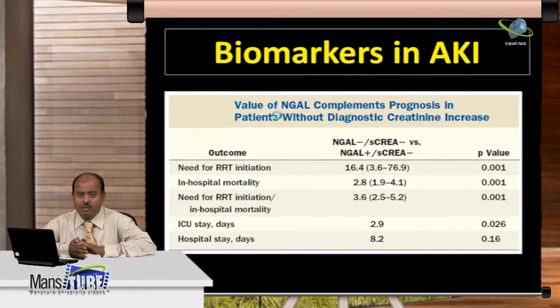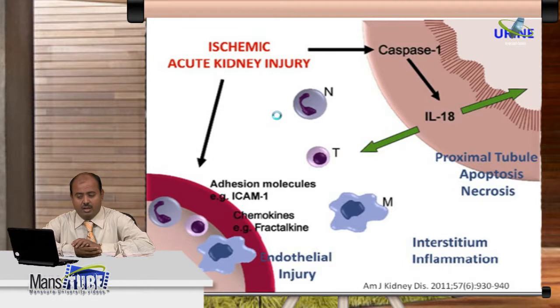So we may have a patient with normal creatinine and normal NGAL, or a patient with normal creatinine and high NGAL. The higher the NGAL, the higher the risk of renal replacement initiation and in-hospital mortality, and this is the cost and the mortality linked with the high NGAL.